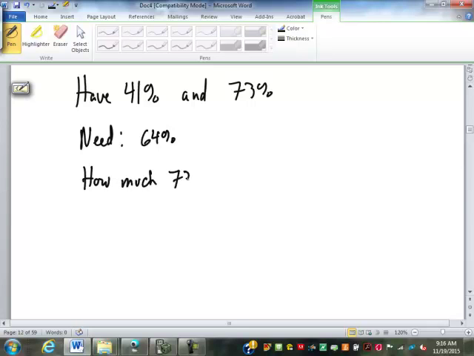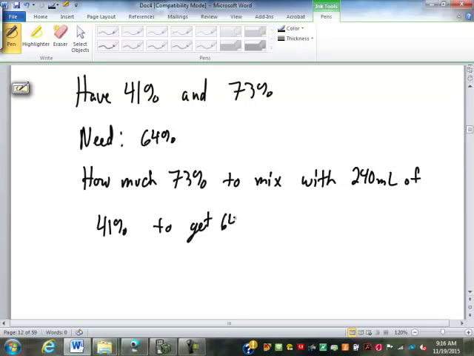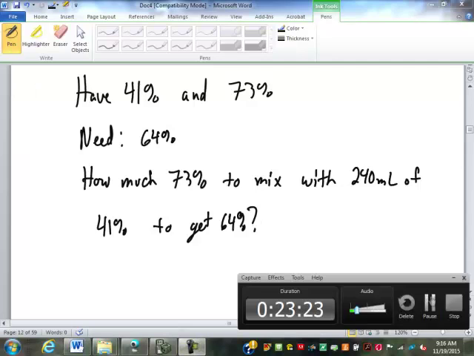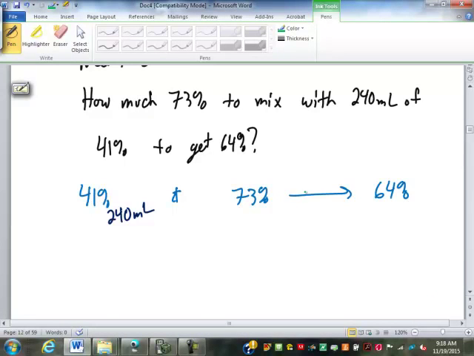How much 73% do you need to mix with 240 milliliters of the 41% to get the 64%? Take a couple minutes, see if you can get that set up. Okay, we're running short of time, so let's go through this quick.